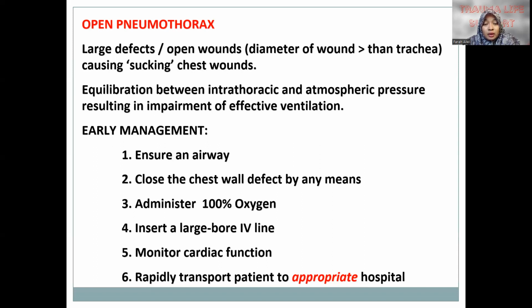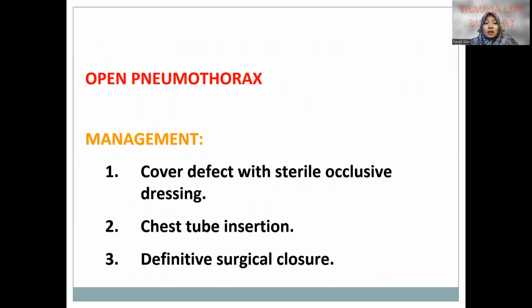You have to make sure of the cardiac function, and transfer the patient immediately to the hospital, because an open pneumothorax can become a tension pneumothorax too. The definitive management is to insert a chest tube and surgical closure.